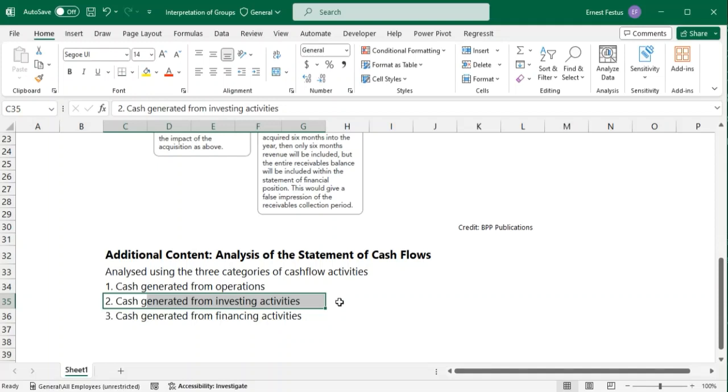You've sold your assets under a forced situation, and then you rented it back in order to continue trading. So if that happens, you are not necessarily doing well as a business. And then also, let's take the cash generated from financing activities.